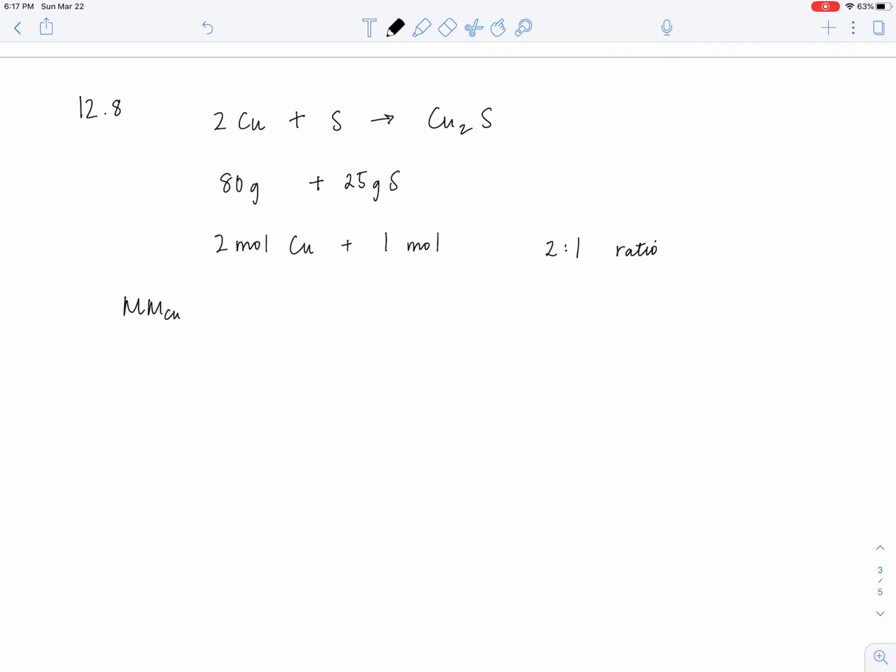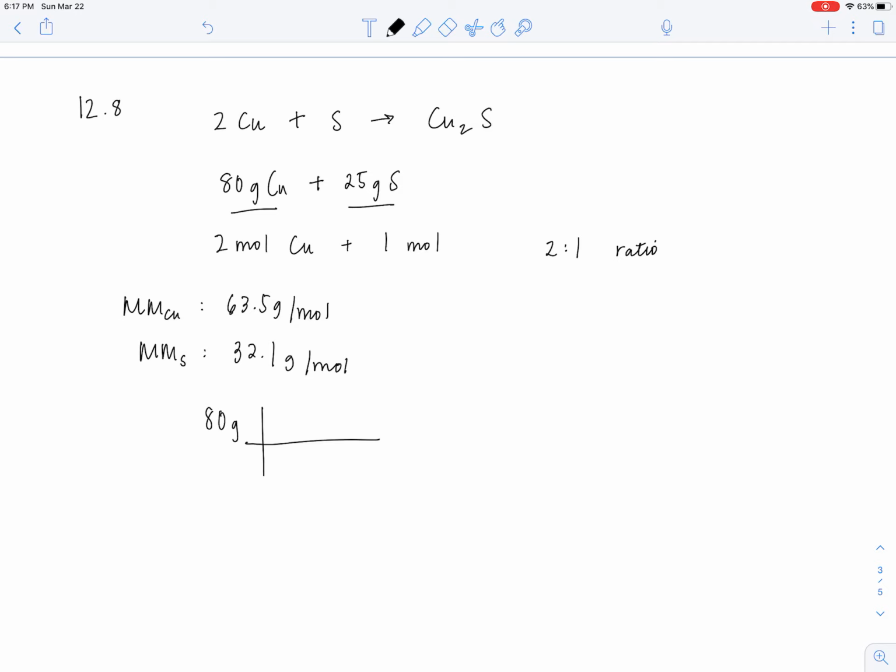So our molar mass of copper from the periodic table is 63.5 grams per mole, and our molar mass of sulfur is 32.1 grams per mole. So what I want to do is start with the amounts that were given in our problem and convert to moles.